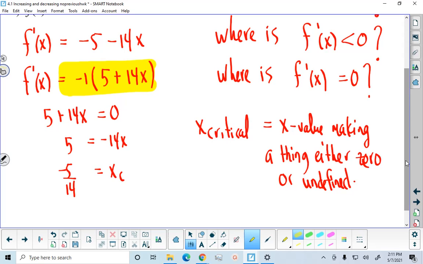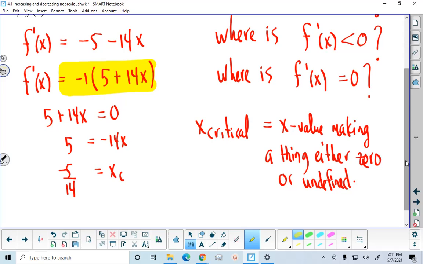But if I said to you, is there a value of x that makes the derivative 0, you would use basically the factor theorem, which says that a value of x that makes a factor 0 makes the whole thing 0, and that's what we did. So this -5/14 is called a critical value of x for the derivative.